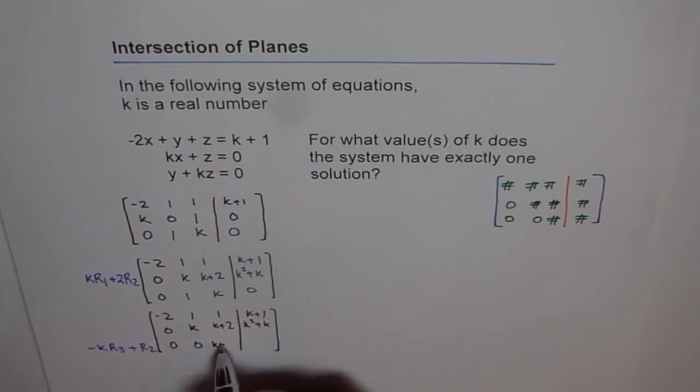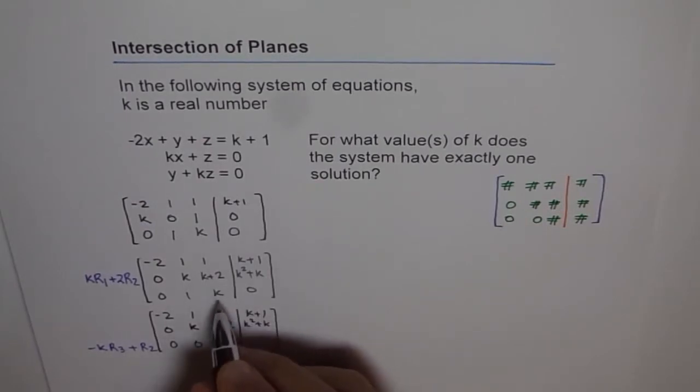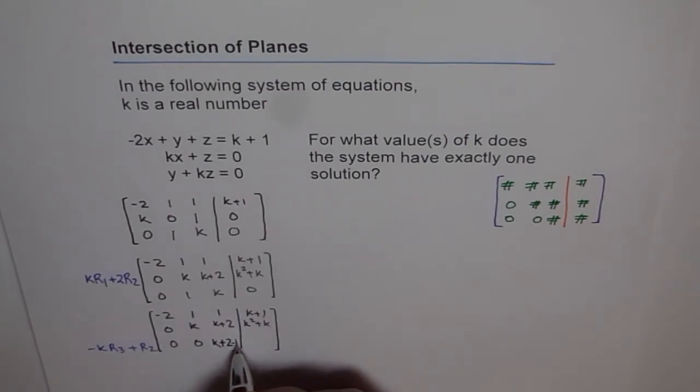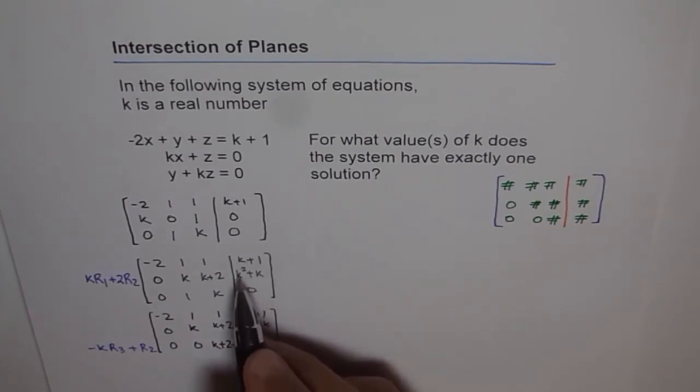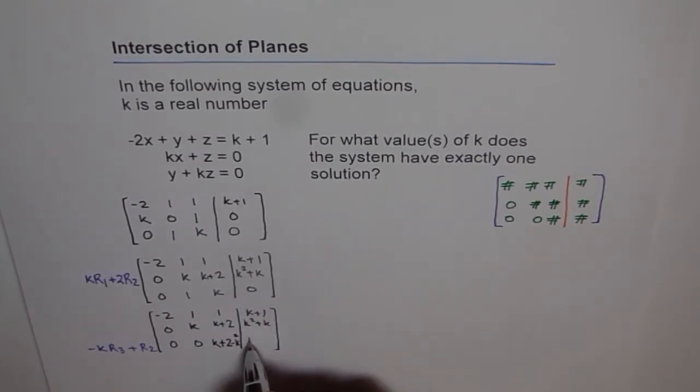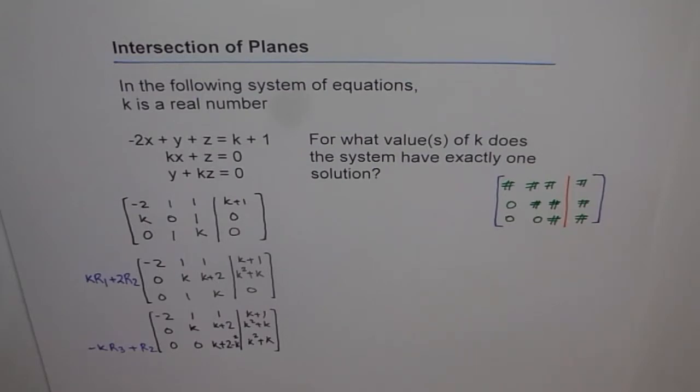R2 is k plus 2 and this is minus k, so minus k times k will be minus k square. And 0 times anything is 0, but I have to add this k square plus k, so I get k square plus k here. So that's what we get in our third row.